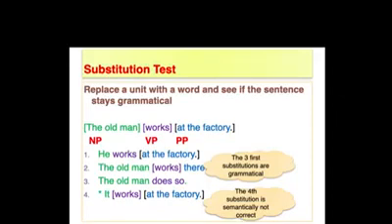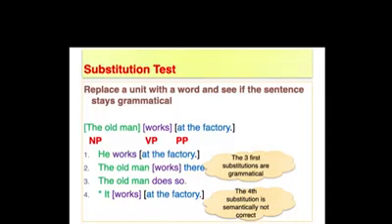The old man does so, which means that the VP includes the V and the PP. So that's why even if we have deleted both with the substitution does so, the sentence stays correct and grammatical.